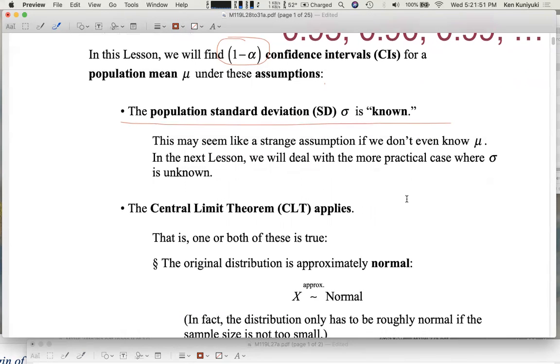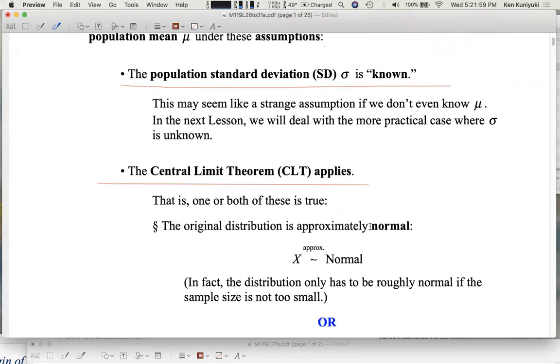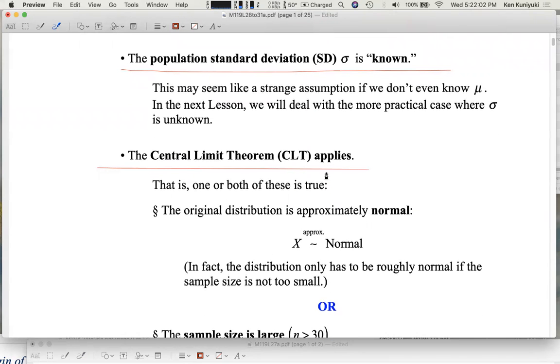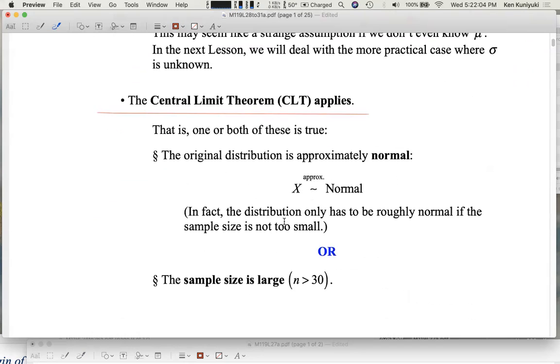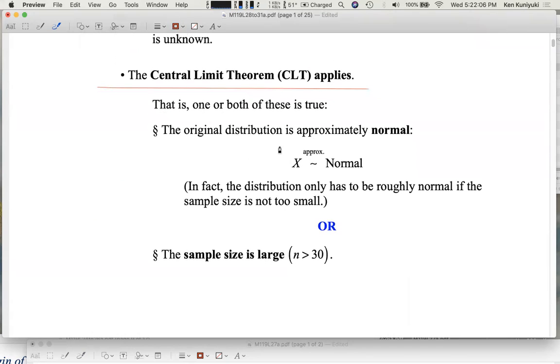And we're going to assume, here's another big assumption, the central limit theorem, the CLT for means, applies. We're going to need this. And when does the central limit theorem apply? When one or both of the following is true. If the Big Daddy distribution is presumed to be approximately normal.